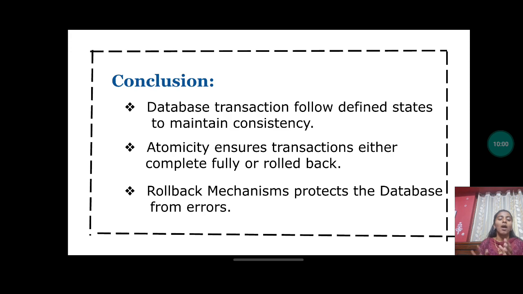It ensures that the transaction is completely executed or fully rolled back. The rollback mechanism protects the database from errors. Rollback means this mechanism helps the database to protect itself from data inconsistency.